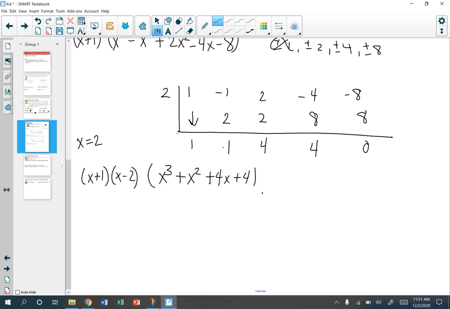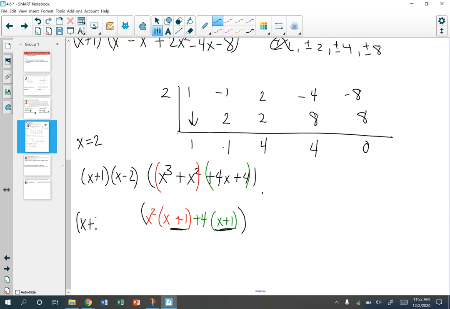I'm going to group these first 2 and these last 2. In the first 2, I see I can take out an x squared, and I'm left with x plus 1. And in the second one, I see I can take out a 4. And I'm left with, again, x plus 1, which is perfect because then these match, which is exactly what I want.